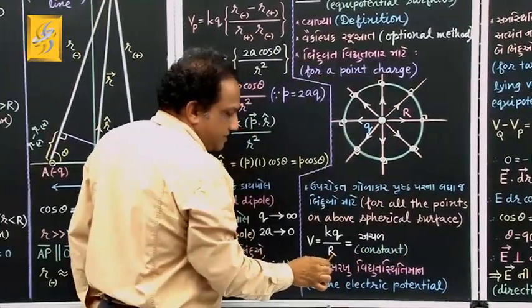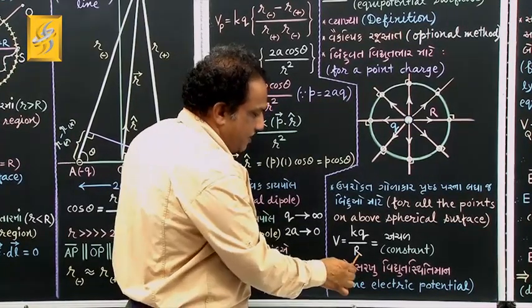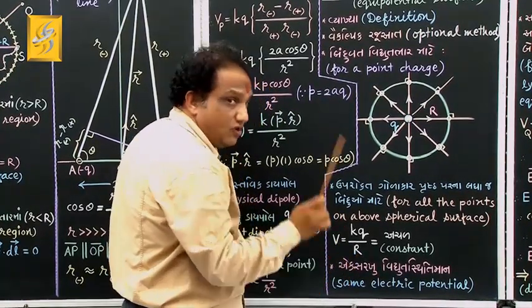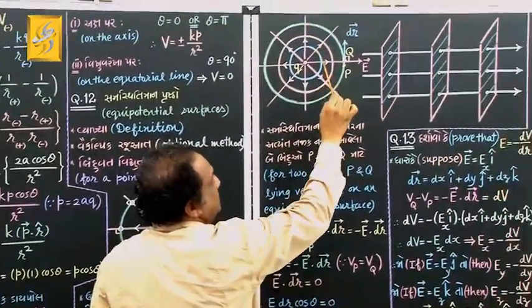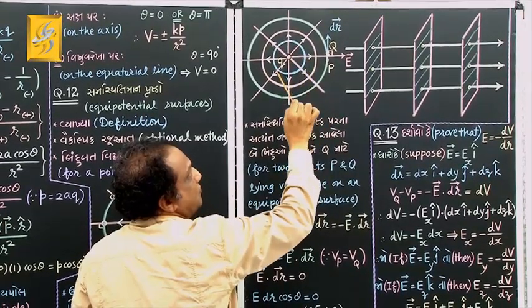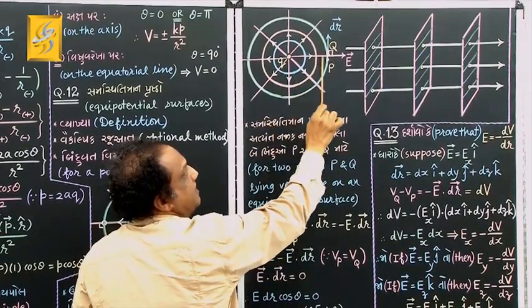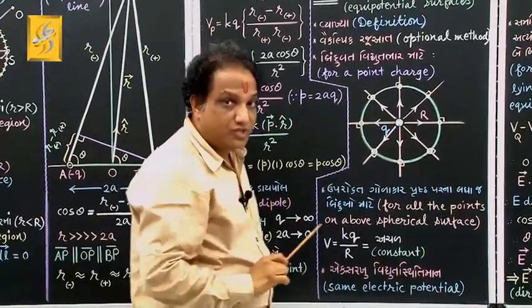If you change this radius, naturally the value of electric potential will change. But if you increase this radius, naturally potential value will decrease. Suppose at all the points on this spherical surface, electric potential is 5 volt. Now when you increase this radius, electric potential will decrease. Suppose it becomes 3 volt.